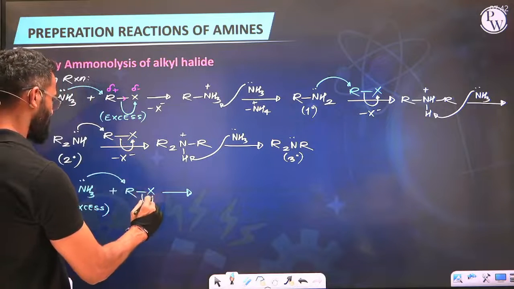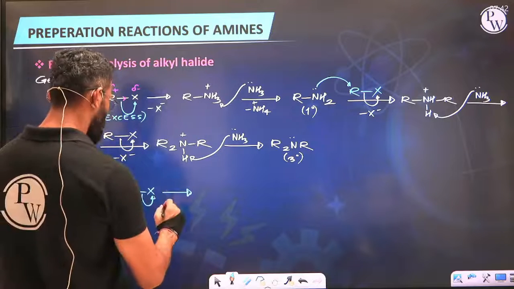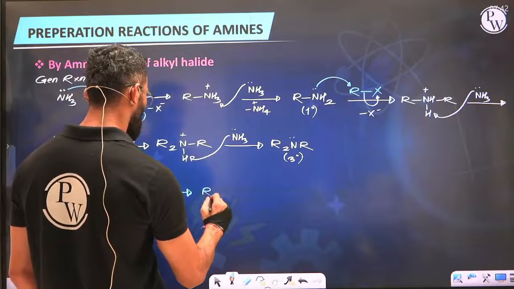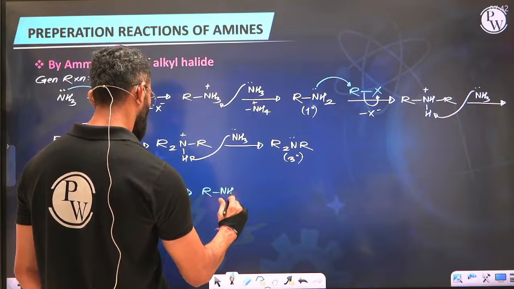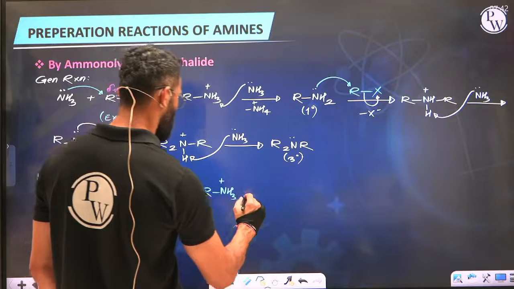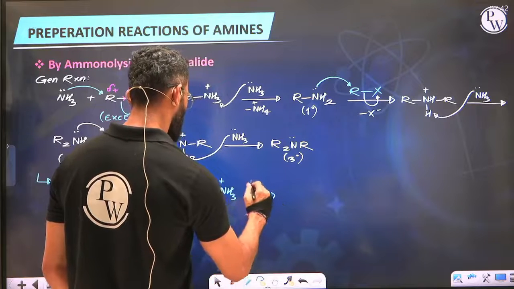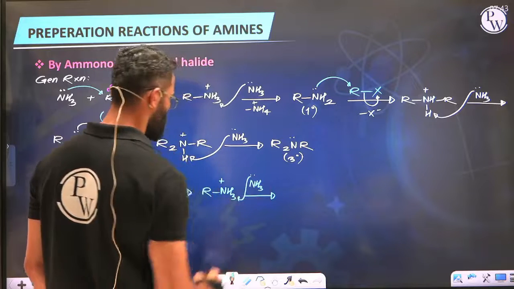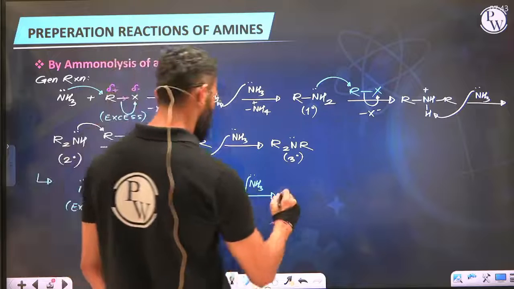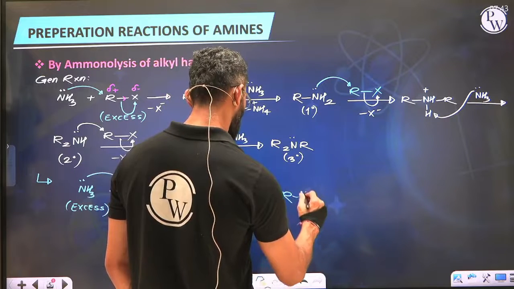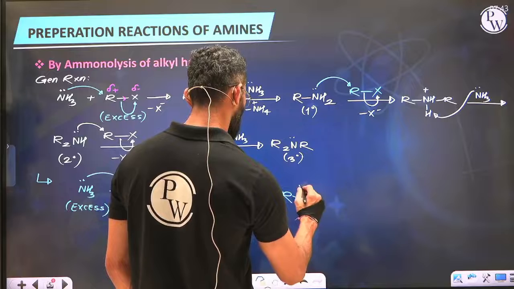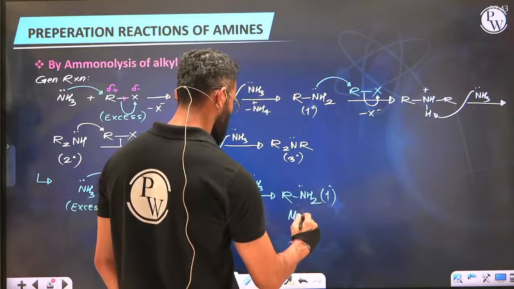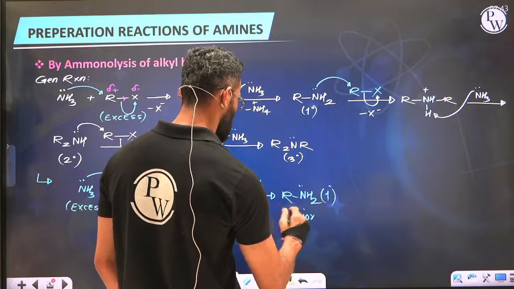So followed by attack and departure of X minus, we will be getting RNH3 plus, and ammonia will further carry out deprotonation, and that will result in the formation of RNH2, which is nothing but primary amine, and I would say that this is obtained as a major product.